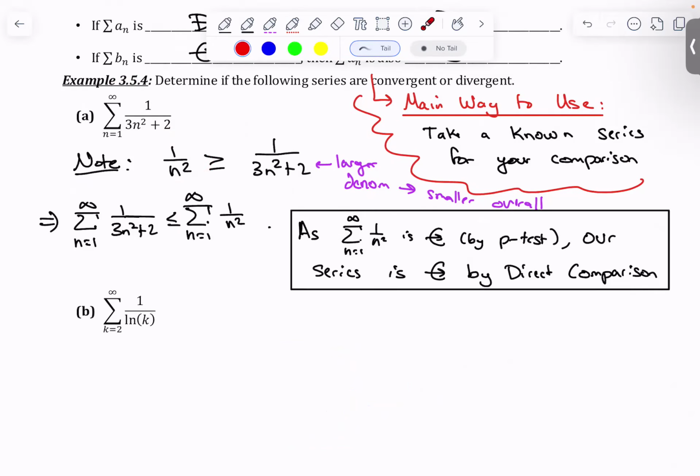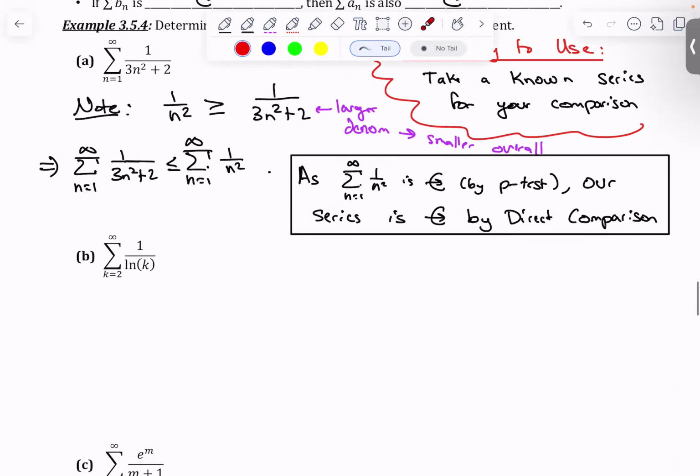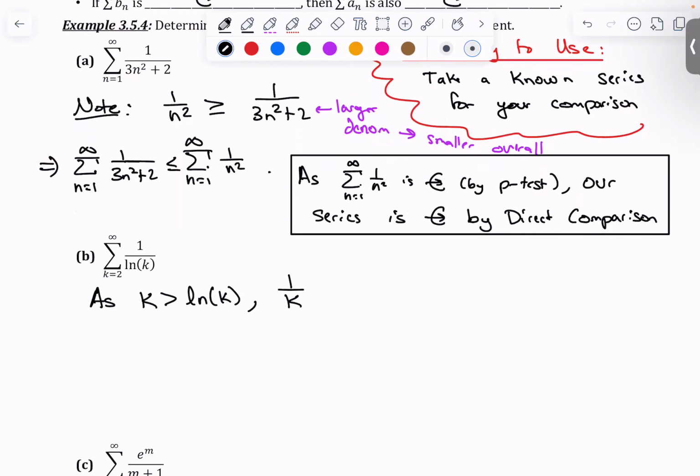This next one, series from k equals 2 to infinity of 1 over ln of k. What is a thing that we know that grows faster than natural log? k. Yeah. As k is greater than natural log of k, 1 over k is less than or equal to 1 over natural log of k.